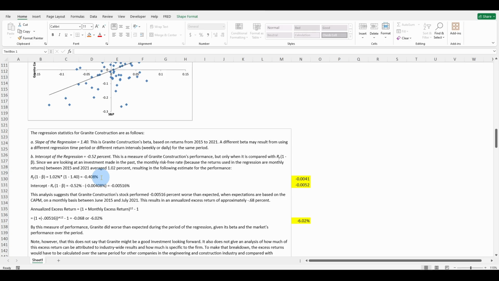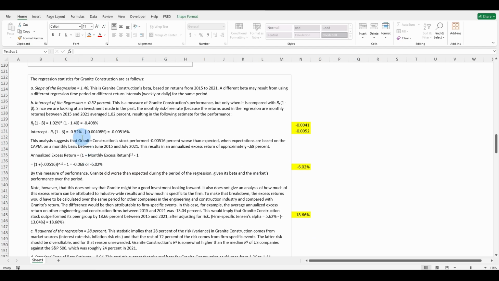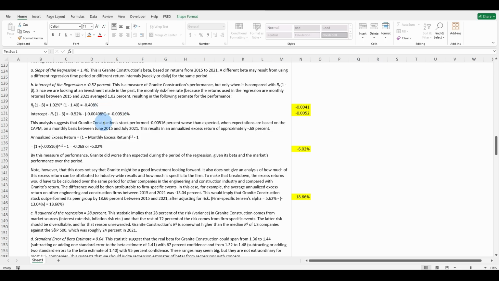Intercept − Rf(1 − β) is equal to 0.052 − 0.0408, which equals negative 0.00516. The analysis suggests that Granite Construction stock performed 0.00516% worse than expected when expectations are based on the CAPM on a monthly basis between June 2015 and July 2021.